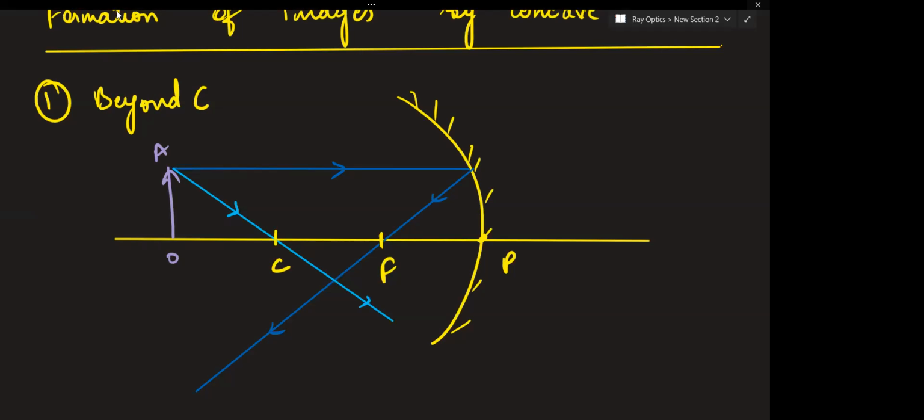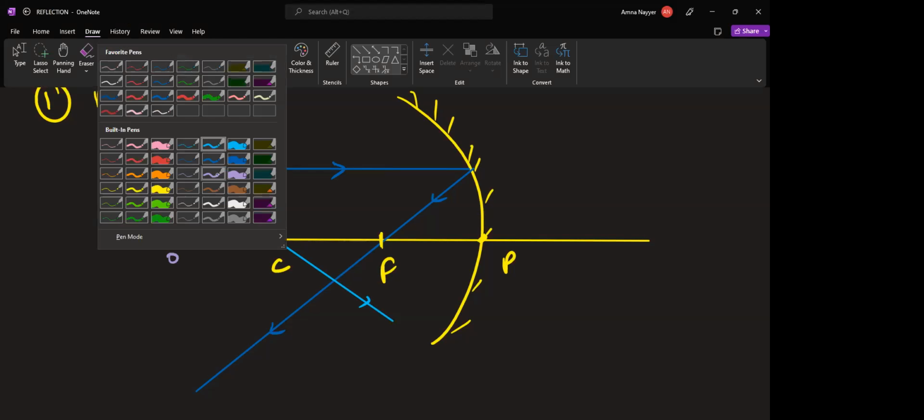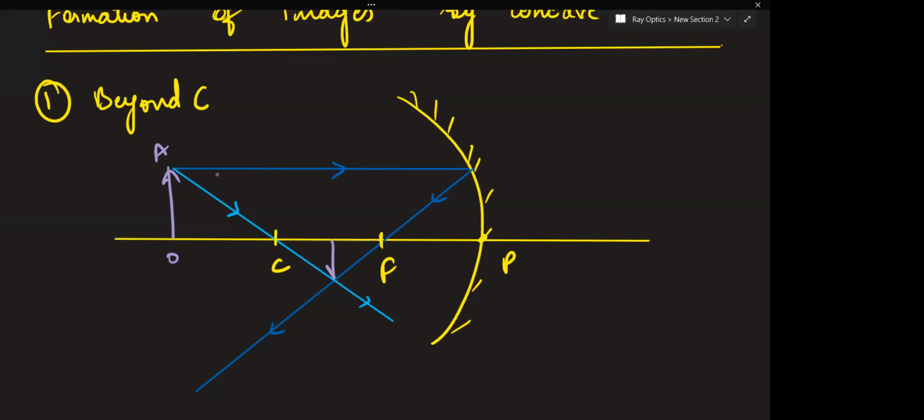Now, we have applied the laws that we have studied. See, over here you are getting an image. Let me name it as O prime A prime so that you are able to distinguish. Now, what is the conclusion for the image that is obtained? Firstly, image is obtained between C and F, center of curvature and focus.